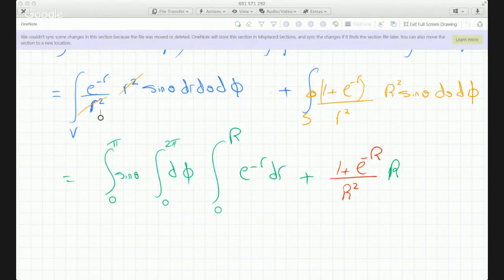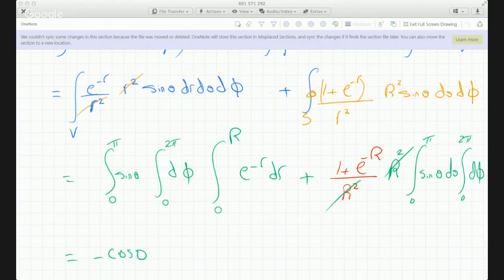Here we were. So we said this r on the surface of the sphere is r squared. So that means this guy goes with this guy, and we have sine theta d theta from 0 to pi, and then d phi from 0 to 2 pi. Now the integral of sine theta is minus cosine theta from 0 to pi times d phi.